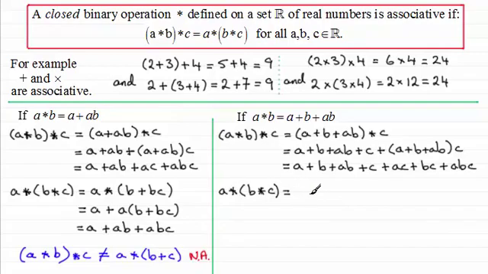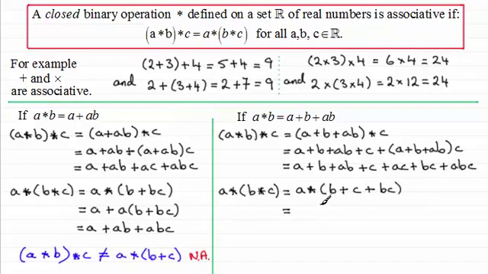So we've got the first element, A star, and if we do B star C, I'll put the answer in brackets, then according to this, it's the first element, which is B, plus the second element, which is C, plus the product of the two elements. That's going to be BC.